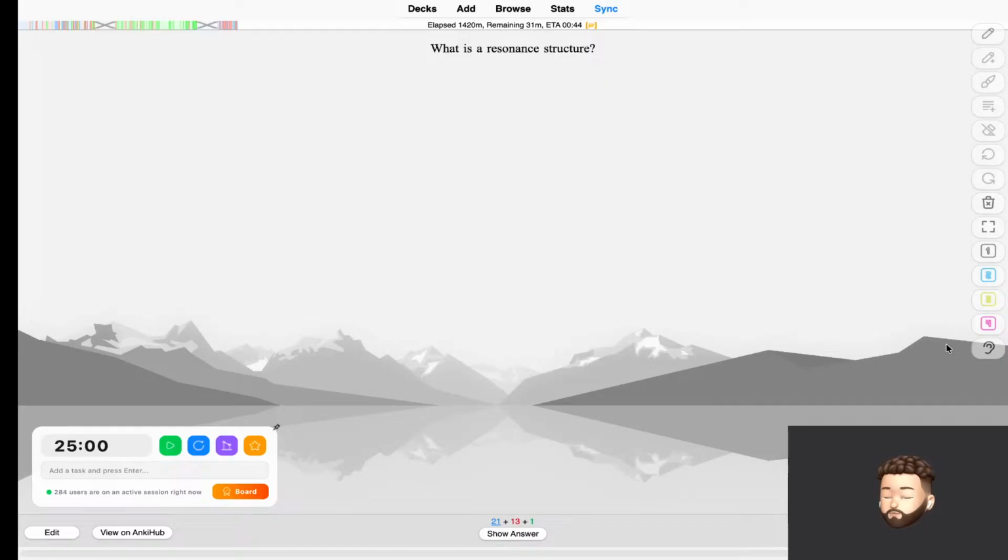What is a resonance structure? A resonance structure is another way of drawing the molecule that's still true. There are some that are more prominent than others, but it's based on stability and is based around the idea that the electrons are constantly moving.